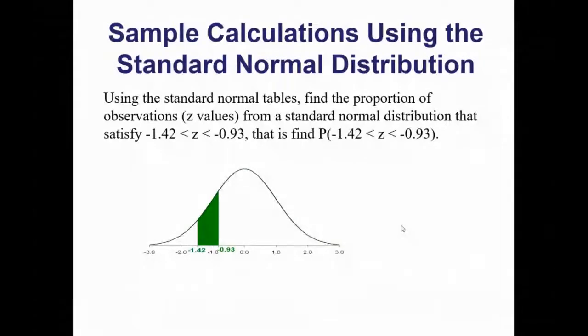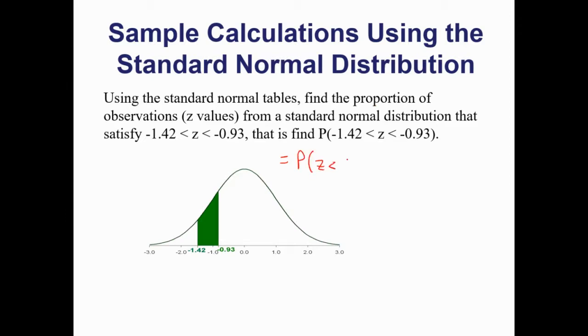We need to find the probability that z is between negative 1.42 and negative 0.93. So which one goes first? Since it's a range, I'm going to have to subtract.